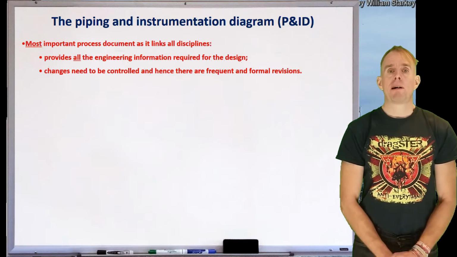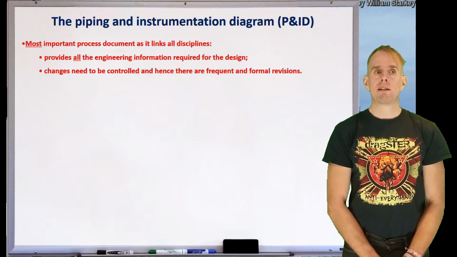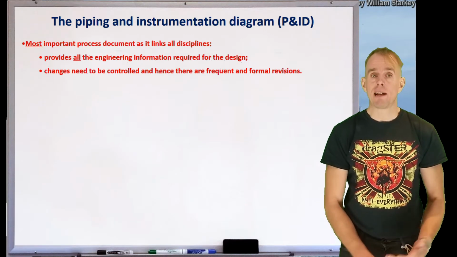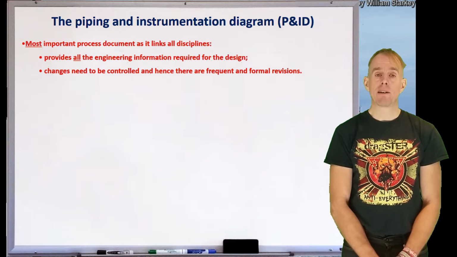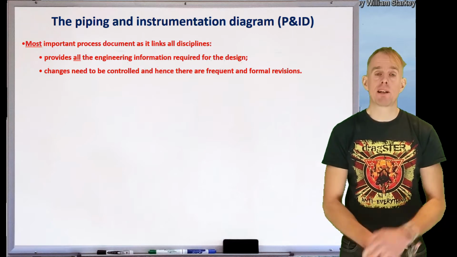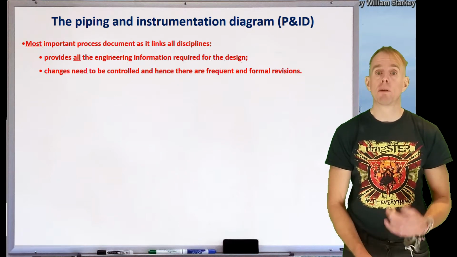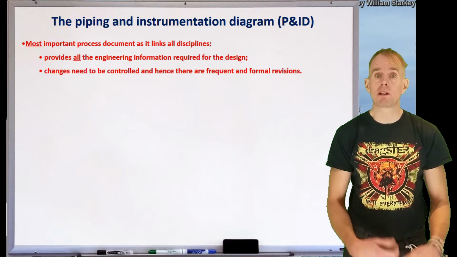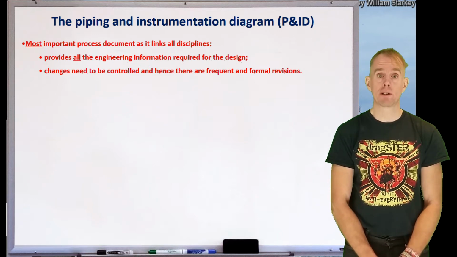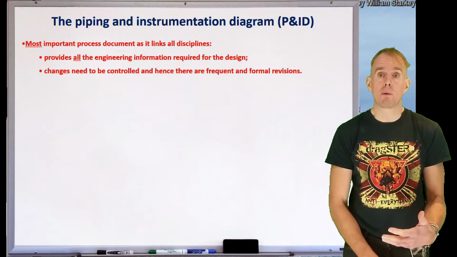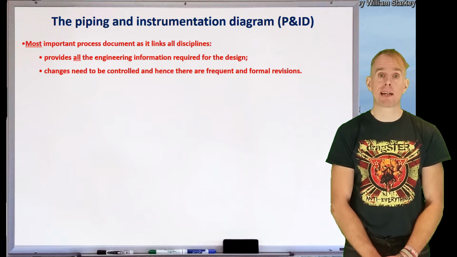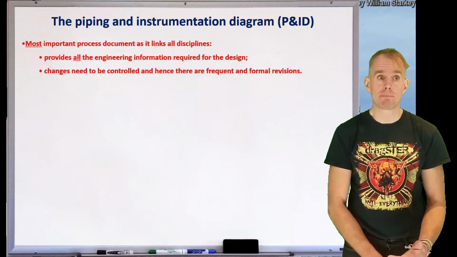So when we think about a piping and instrumentation diagram, it is the most important process document as it links all the different engineering disciplines together. The piping and instrumentation diagram will be used as much by instrumentation and control engineers as it will by chemical engineers. There's also a significant amount of mechanical information shown as well, and so it becomes a starting point, or one of the starting points, for the mechanical engineering discipline to do their work.